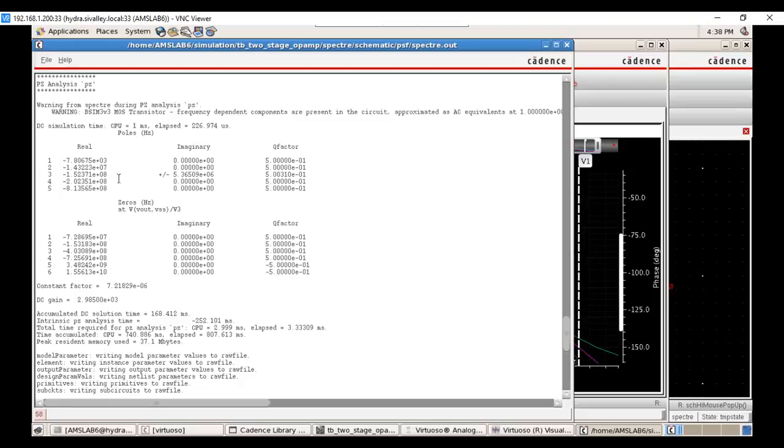So that zero will be how much it is here. To 40.